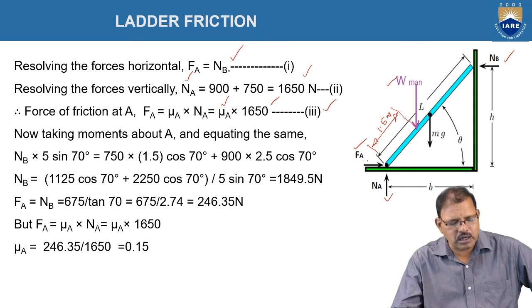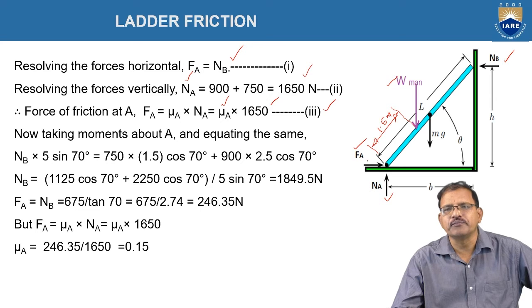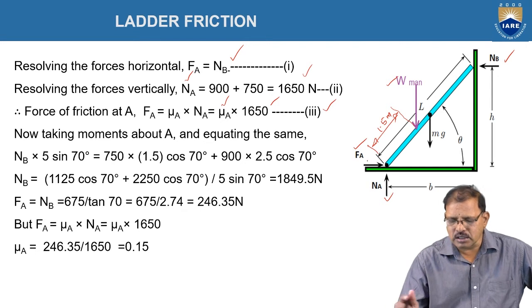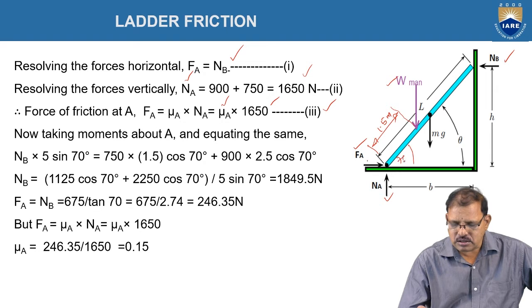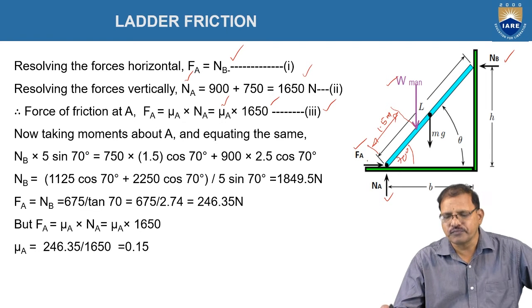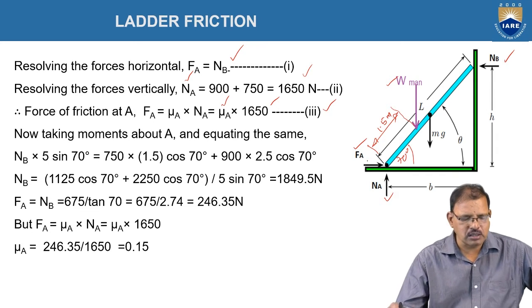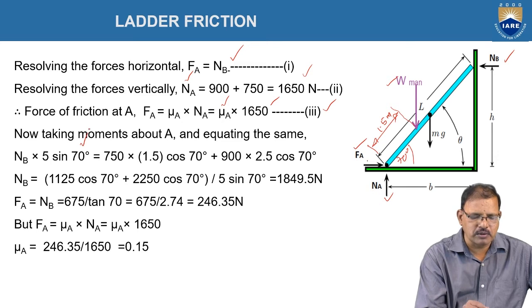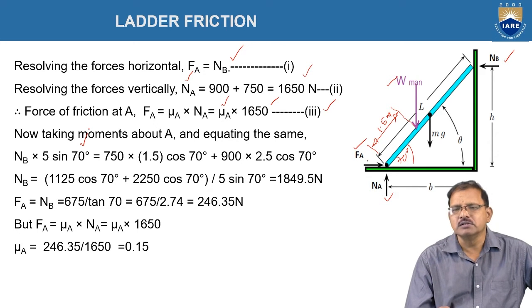From these equations, Nb into H, where the ladder length is 5 meters and inclination is 70 degrees, hence H is equal to 5 into sin 70. That is Nb into 5 into sin 70. This is the moment acting in the anti-clockwise direction.